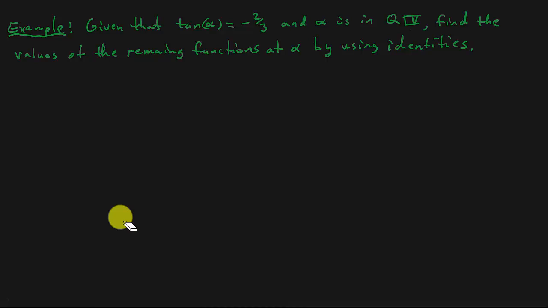But what this problem is wanting us to do is find it using those identities. Sine squared plus cosine squared equals 1. Tangent squared plus 1 is secant squared, and cotangent squared plus 1 is cosecant squared, and tangent is sine over cosine, all that stuff. That's what they're wanting you to use, so you'll have practice using those identities.